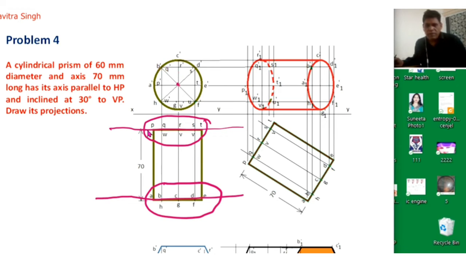So now we will pick one surface and we will draw one line which is parallel to the XY line.